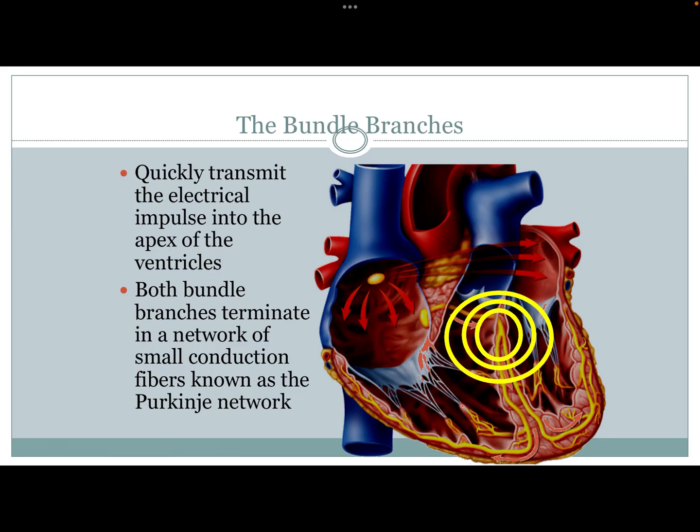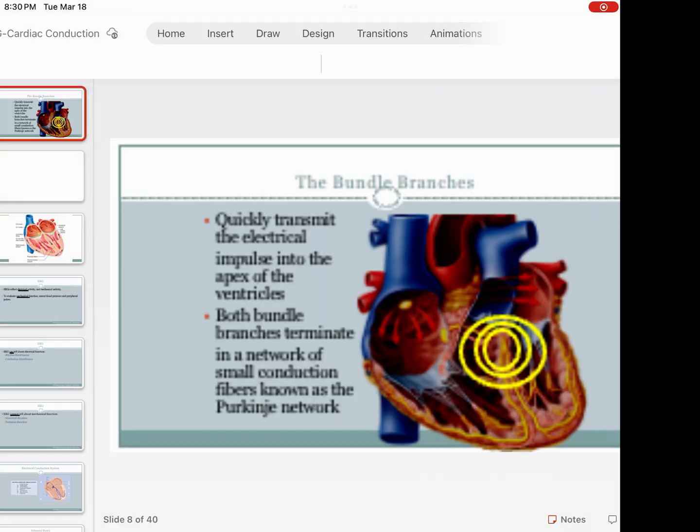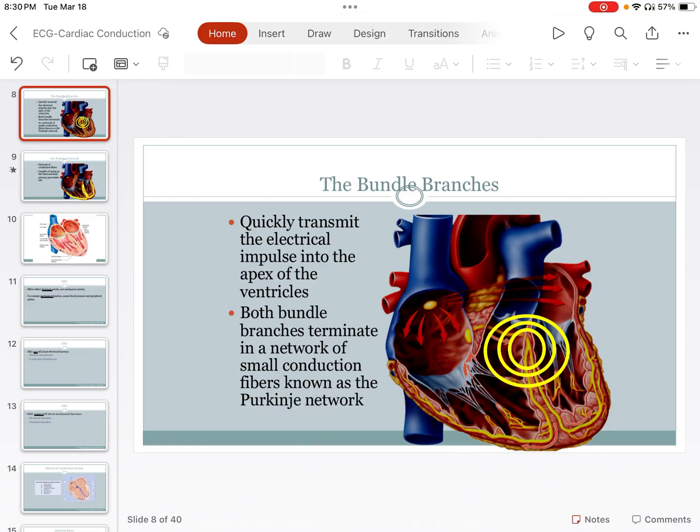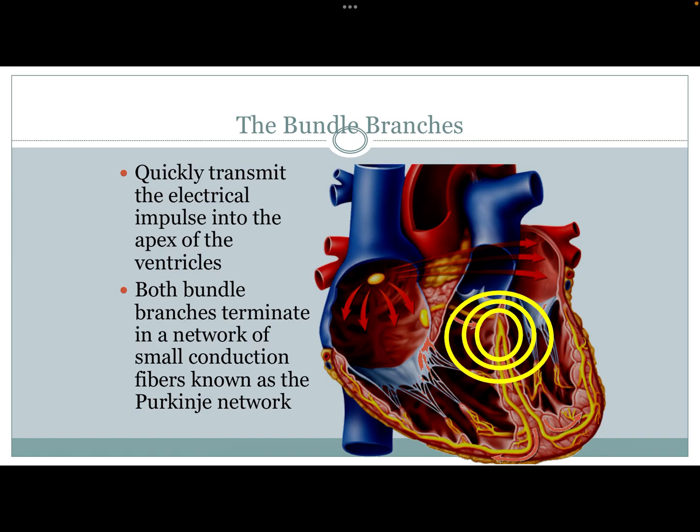Now those bundle branches, they will pass down. So if we were to draw that picture over here, you have your atria up here, you have your ventricles, and you have AV node, bundle of His, electrical impulse travels down those bundle branches, swings around here into the Purkinje fibers.